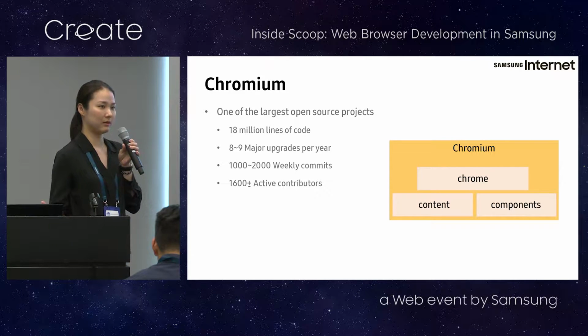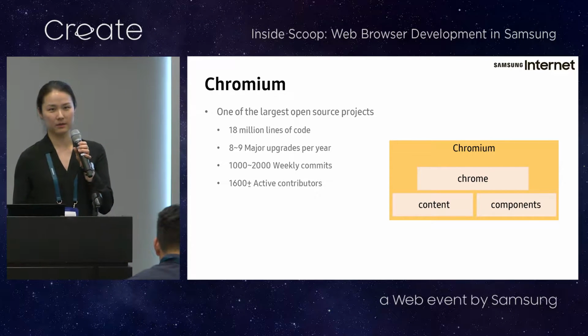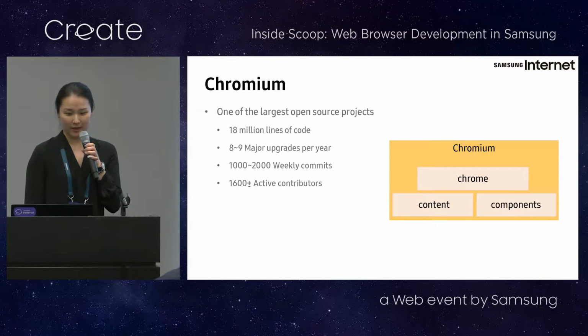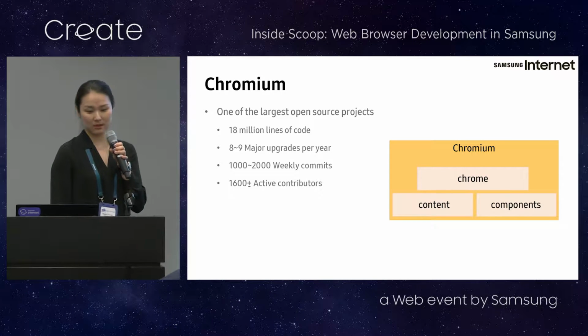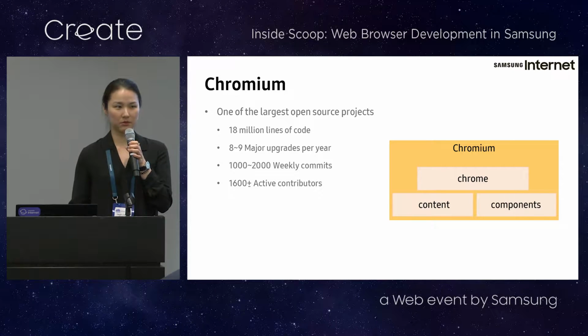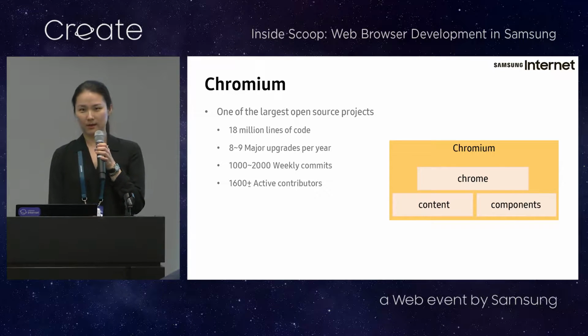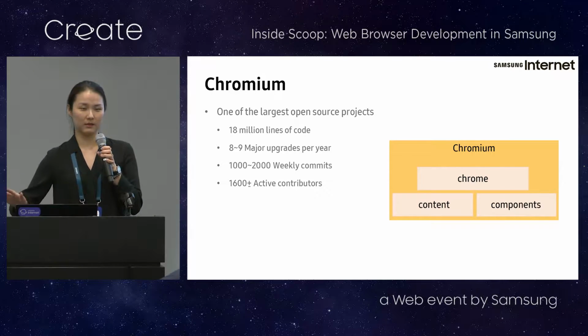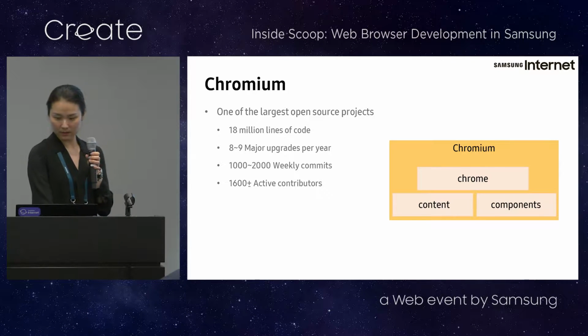They have a major release every 6 weeks, or around 6 weeks. And about 1,600 active contributors are making 1,000 to 2,000 patch commits every week. And it's not just Google, but very widespread contributors.